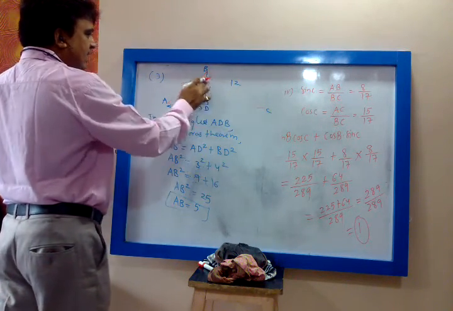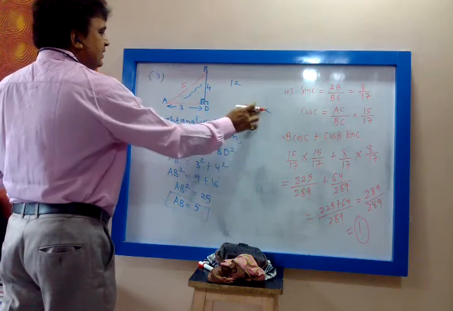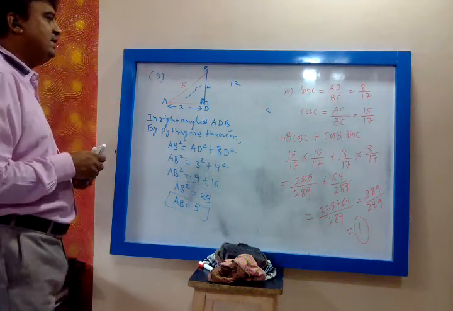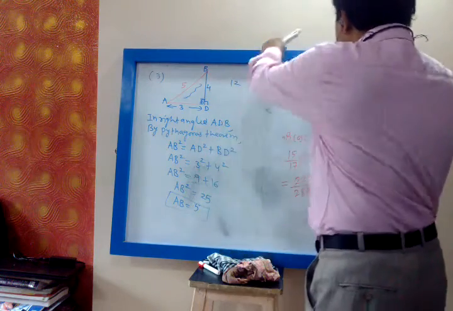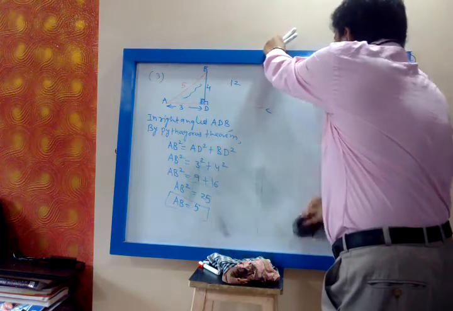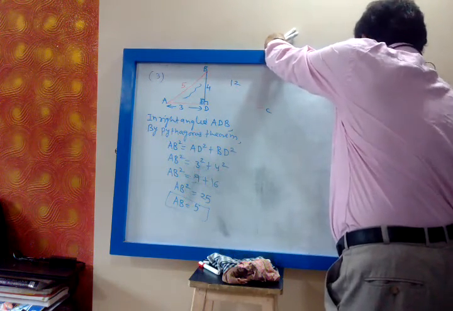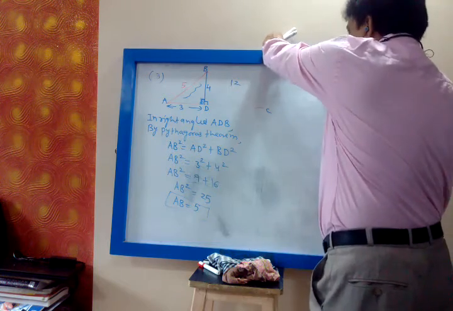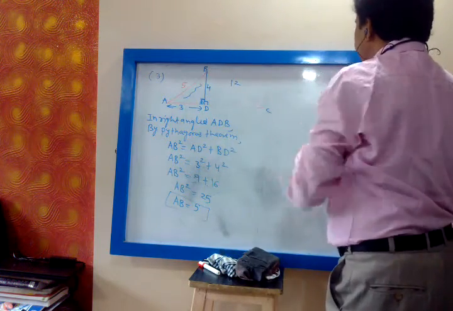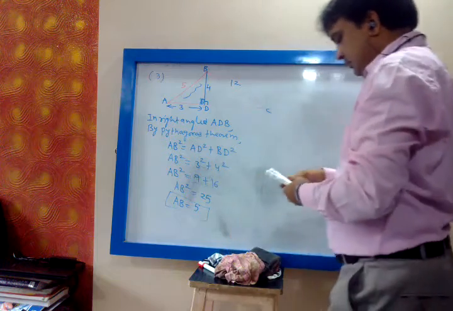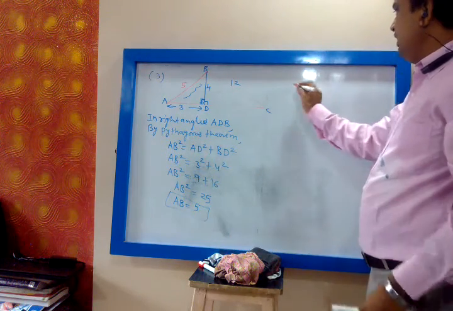Similarly, in right angle triangle BDC, apply Pythagoras and find DC.